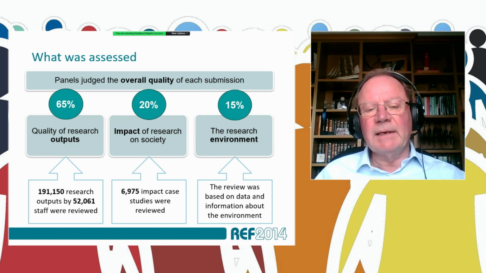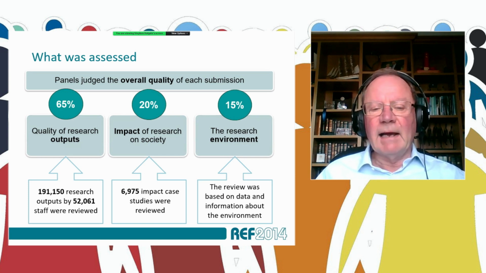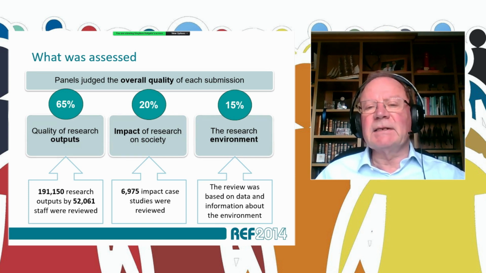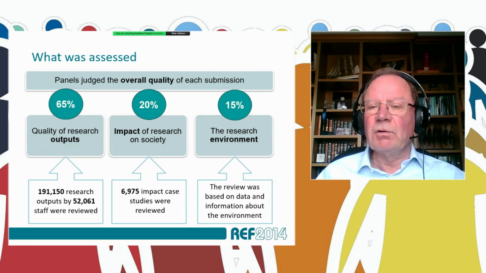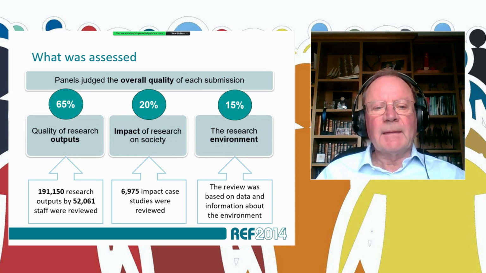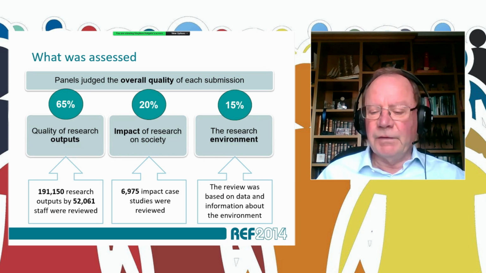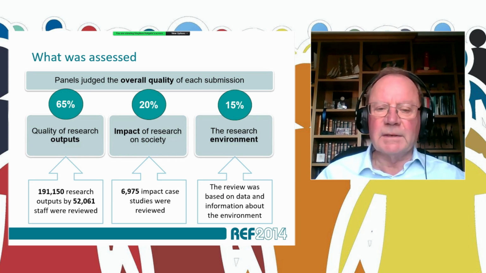And there you can see a brief summary across the whole of the United Kingdom of the outputs and the impact case studies that were involved in this exercise, and the proportional scoring when it comes to rating a university unit of assessment, with 65% going on research outputs, 20% on the impact, and 15% on the environment.